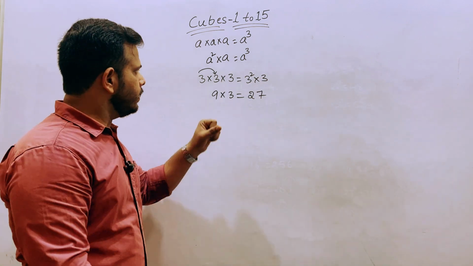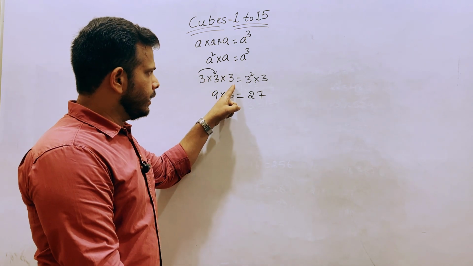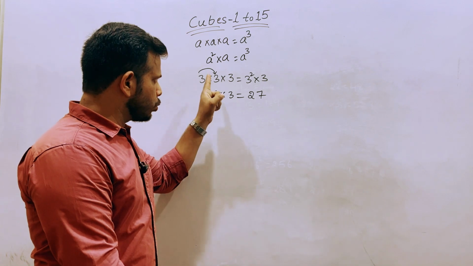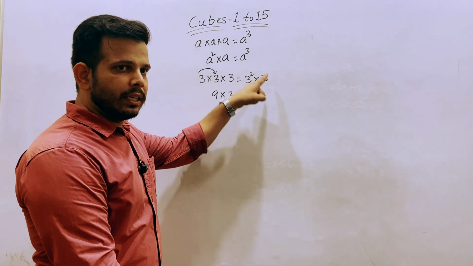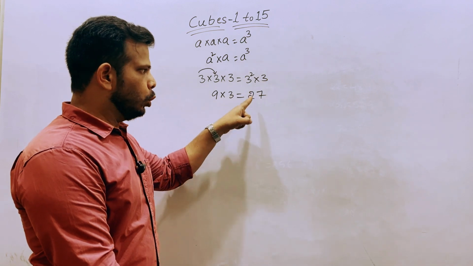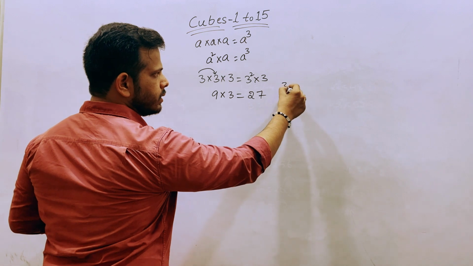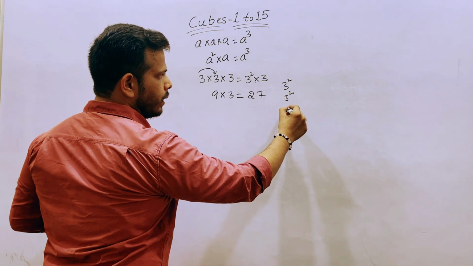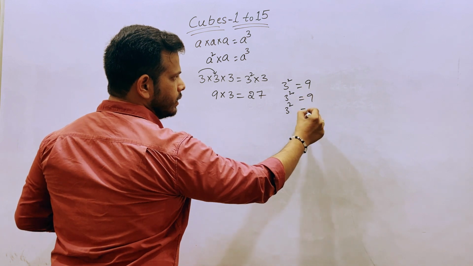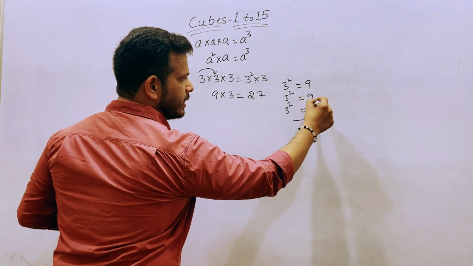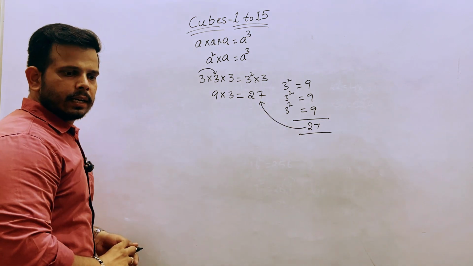So understand here, you are multiplying 3 into 3 into 3. It means first you are doing a square, again you are adding this 3 square 3 times to get a cube. So adding 3 square 3 times means 3 square, 3 square, 3 square. 3 square is 9, 3 square is 9, 3 square is 9. 9 plus 9 plus 9, 27. This is the result. Clear, dear students?